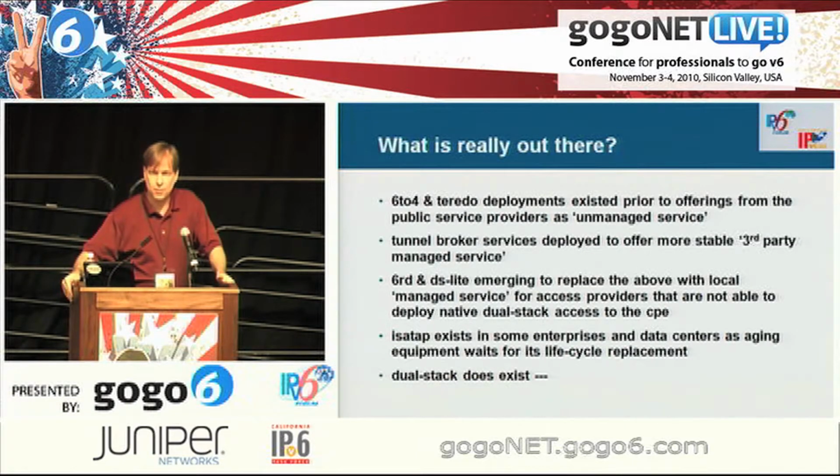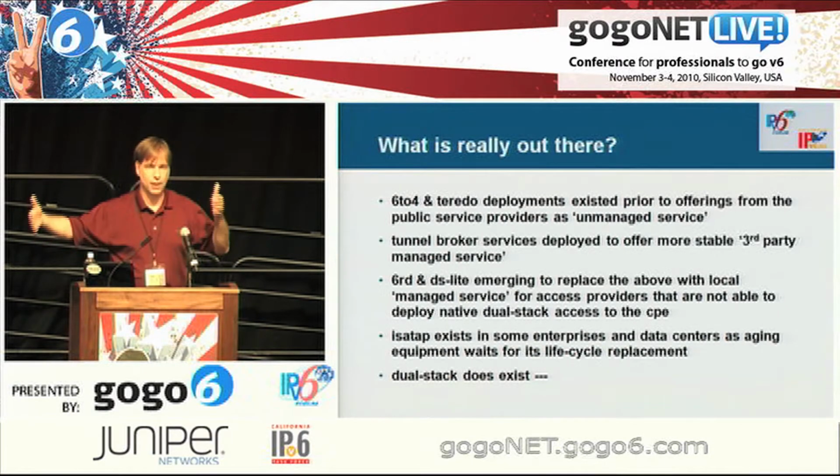Tunnel brokers exist and are deployed in a variety of forms. 6RD and DS Lite are the new emerging technologies, trying to bridge the gap between where 6-to-4 started as an unmanaged capability and move it into a managed context, so that the service provider is doing the tunneling across internal infrastructure.